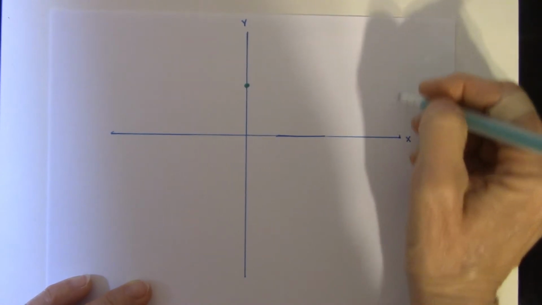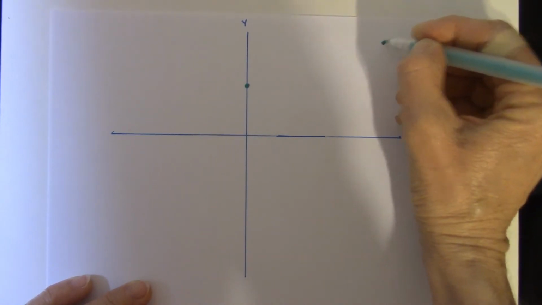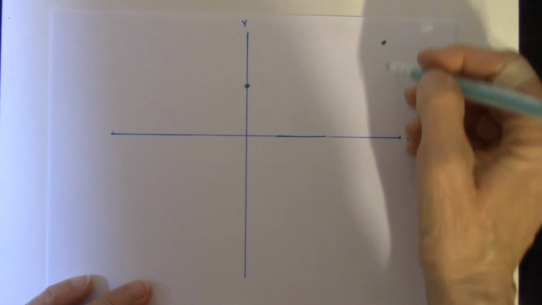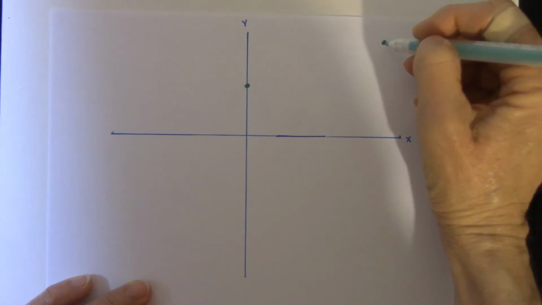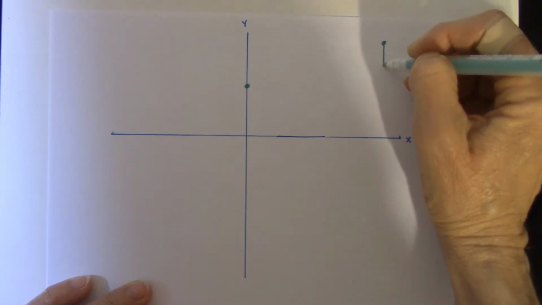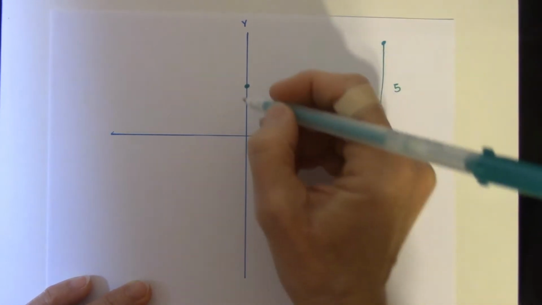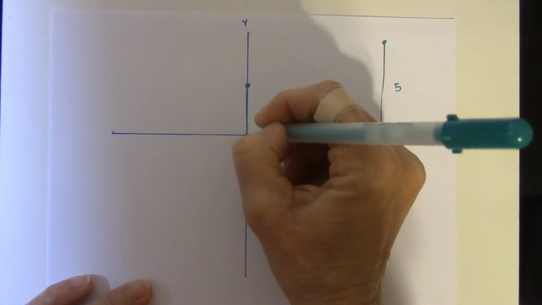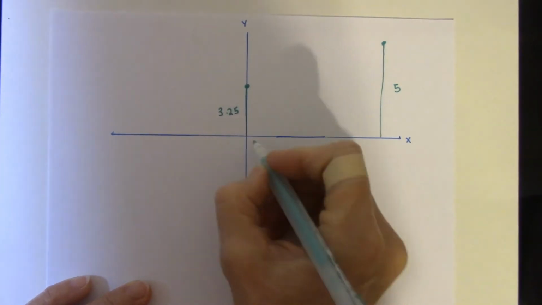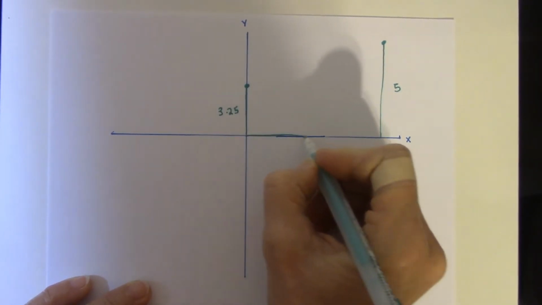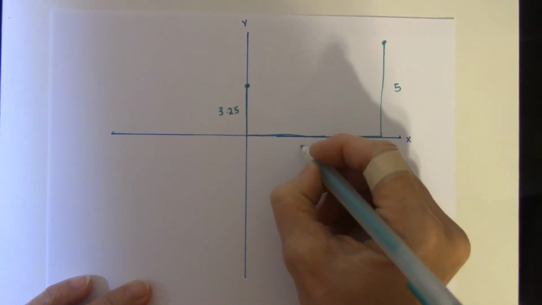And then over here, the diameter of the top of the cup was 10, so this radius is going to be 5. And this is 3.25, and my height here was 18 centimeters.